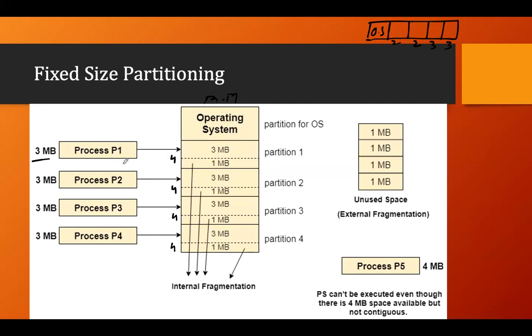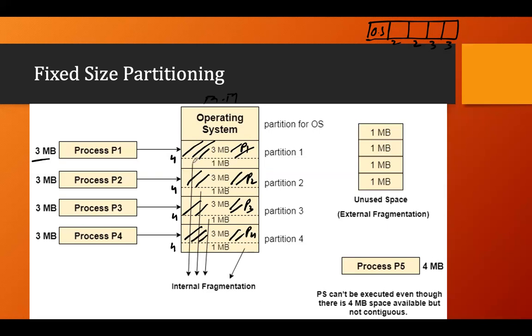In partition 2, process 2. In partition 3, process 3, because all are of the same size. As you can see, in this 4 MB part I have P1, in this one P2, in this one P3, and in this one P4.